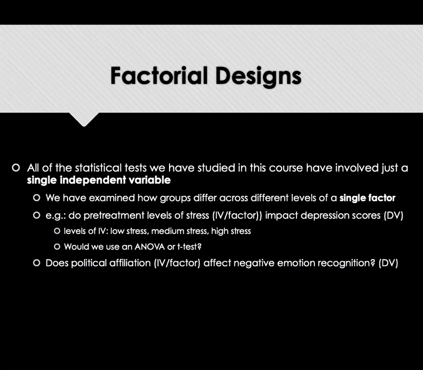For this one, what would you use, ANOVA or t-test? The answer would be t-test because there's just 2 levels, right? You can do a t-test when you've got 2 means that you're trying to compare. But again, you'll notice all of these examples just have one independent variable.